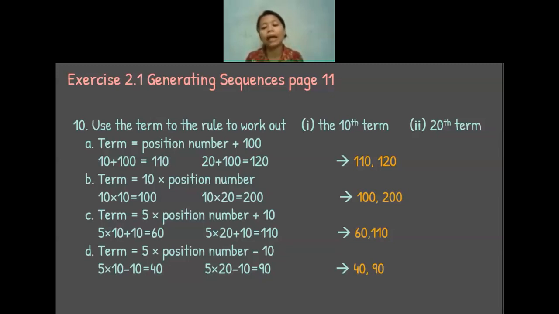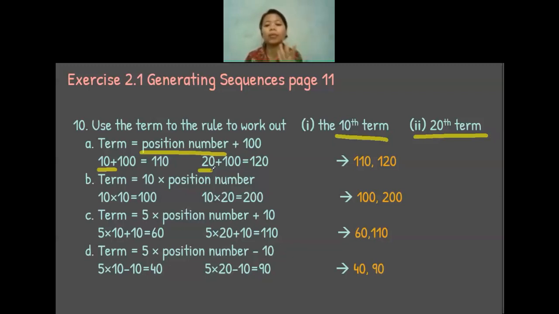But like question 10, here we have to find the 10th and also the 20th term. So we only replace the position number with 10 and also 20. We don't have to start with 1, 2, 3, 4. It depends on the question.